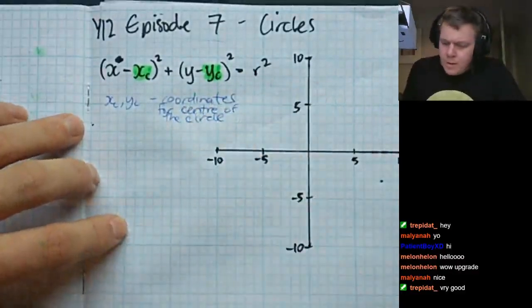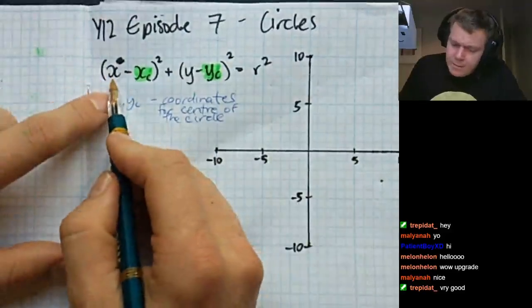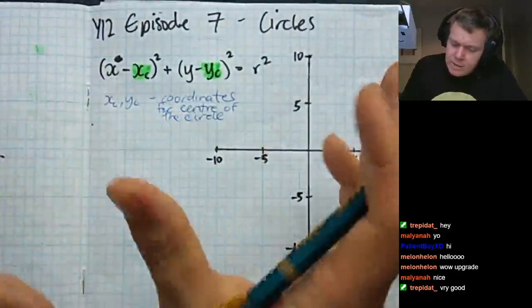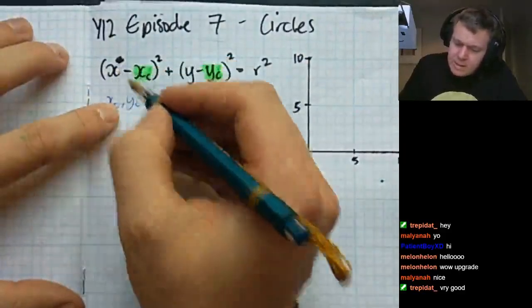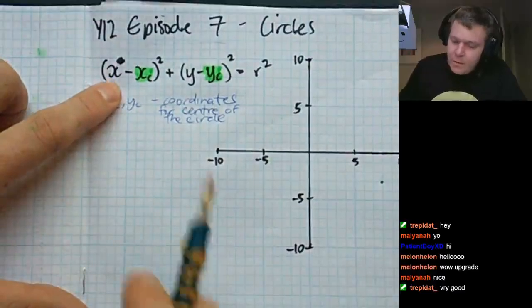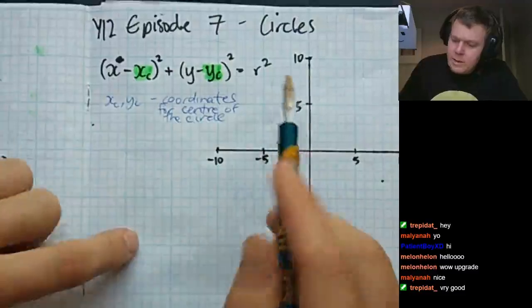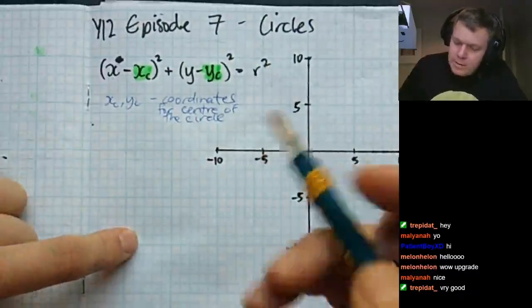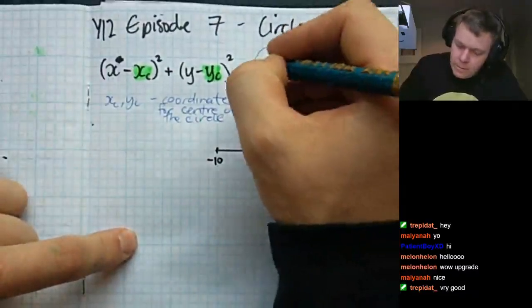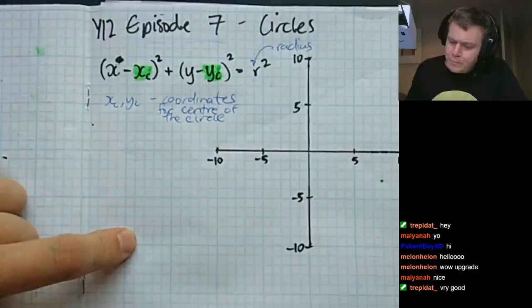And then x squared just helps you find the coordinates for x. If you're given a y, you can work back your way to it. R squared is the radius squared.